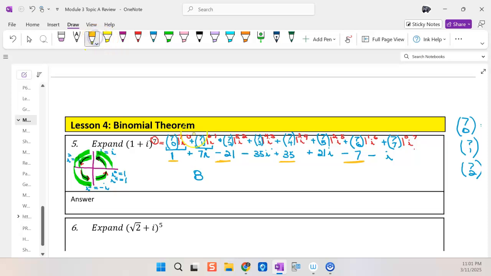And now my other like terms, 7i minus 35i. So that's going to be -28i plus 21i, -7i minus i is -8i.